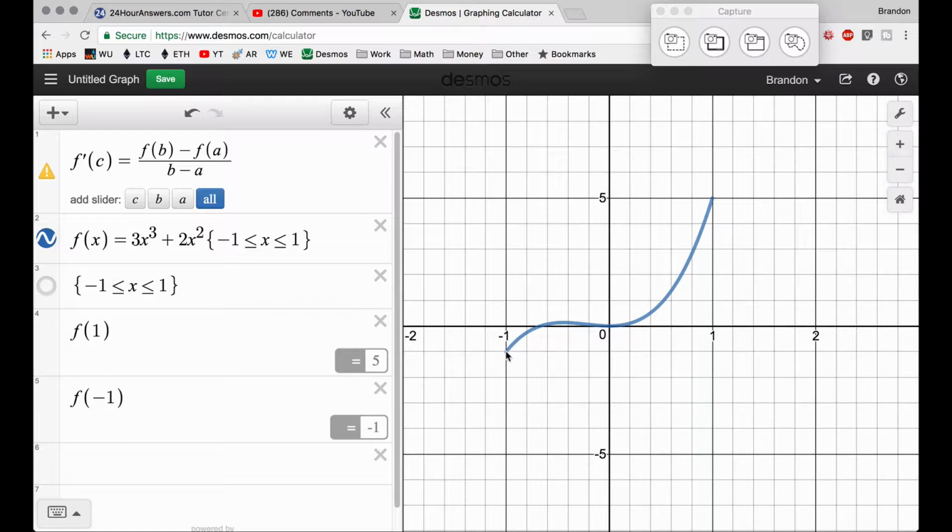We said the slope connecting this endpoint to this endpoint should be 3. So I'm going to go up 1, 2, 3 on my y values, and to the right 1 unit. Notice I'm going from -1 to 0. So I'm right here. Then I'm going to go up 1, 2, 3, and to the right 1 unit. And notice we are exactly right on our other endpoint.